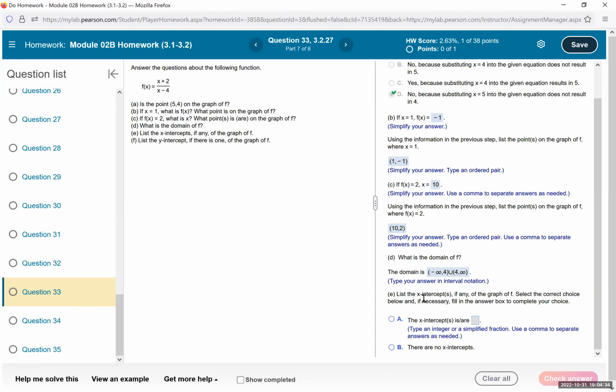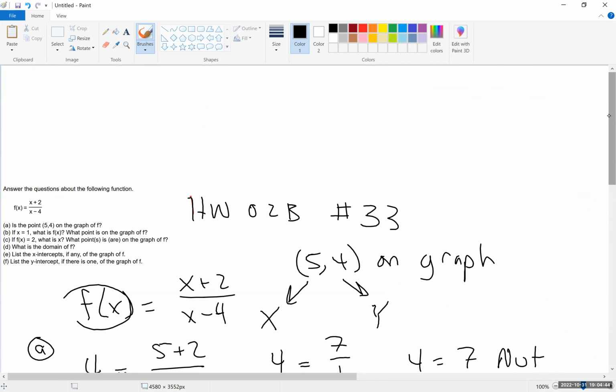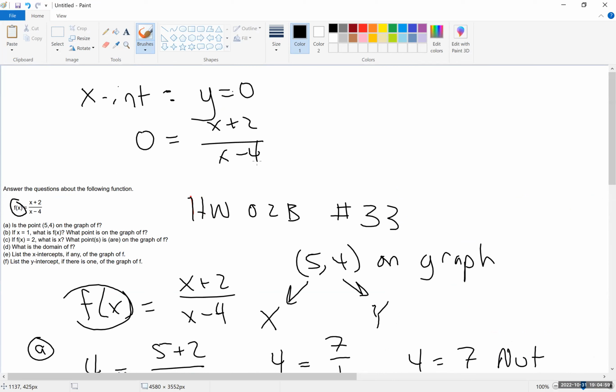All right. The next one are x-intercepts. So let's go do our x-intercepts. We actually have space up here. Perfect. So how do we find x-intercepts? X-intercepts happen when y equals 0. So here, f of x is 0. So we get 0 is equal to x plus 2 divided by x minus 4.